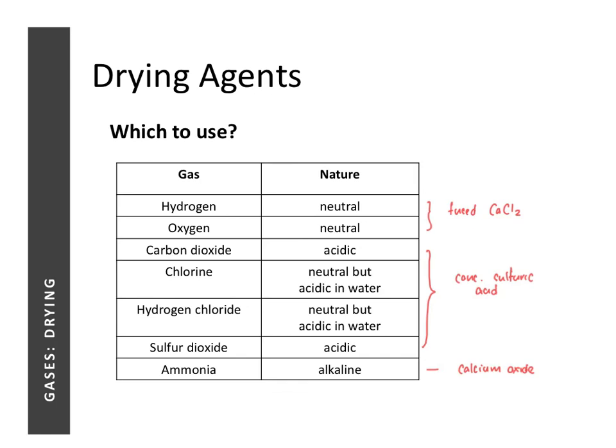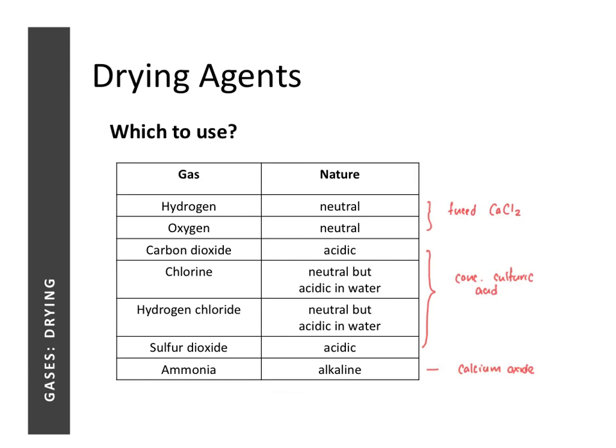The bottom line is this: you can use any drying agent as long as the drying agent does not react with the gas that you are drying. For example, hydrogen is a neutral gas, so can I use concentrated sulfuric acid to dry it? The question to ask is, will hydrogen react with concentrated sulfuric acid? Answer is no, because hydrogen is neutral. So in fact, we can also use concentrated sulfuric acid to dry hydrogen gas.